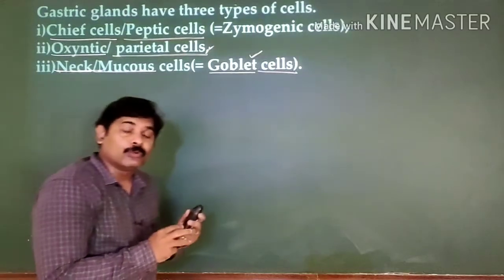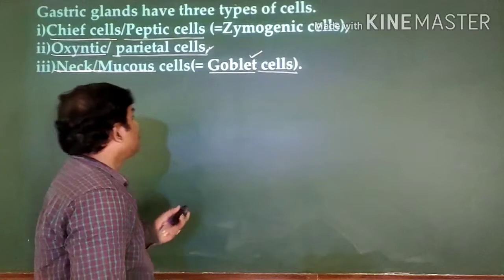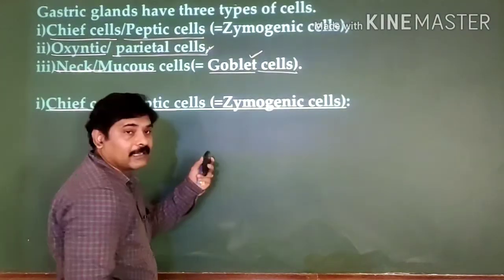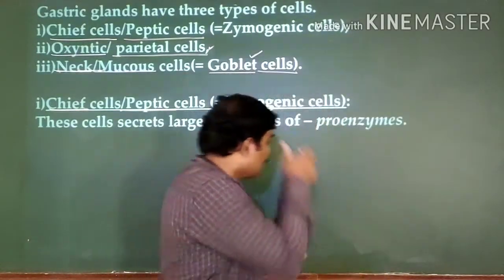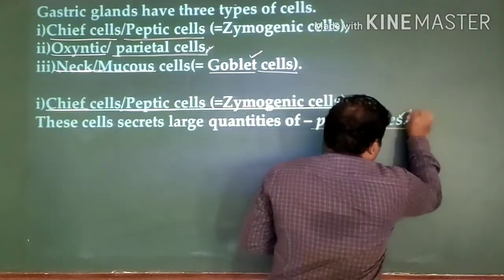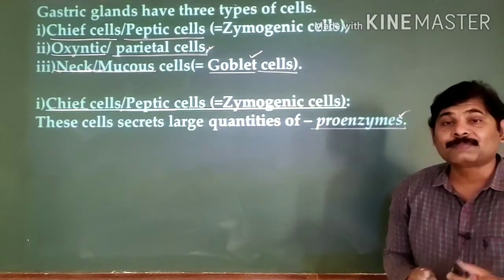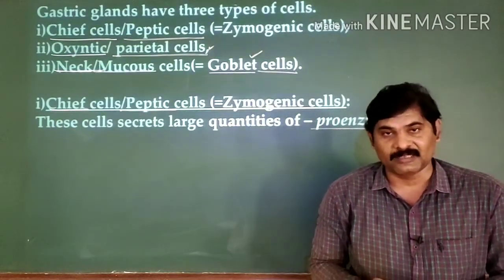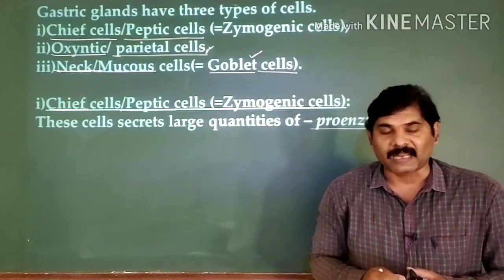Now I'd like to give you the secretions of all these three different types of cells. The first and foremost one, the chief or peptic cells, produce a kind of proenzymes. The proenzymes are actually inactive enzymes, not in the active state, so they must be activated by some other factors in your digestive tract.